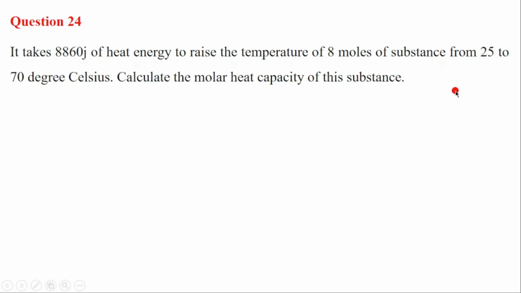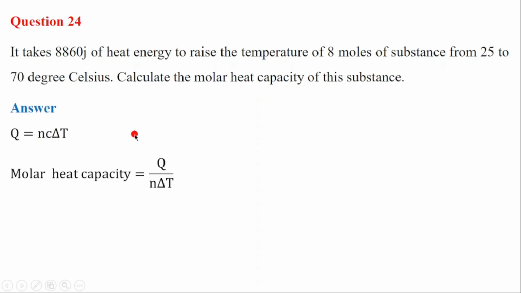Here also we will use the formula where we have the Q, which is the heat, is equal to number of mole times the molar heat capacity times the change in temperature. Then this molar heat capacity will be equal to Q dividing with N times the change in temperature. We can replace the values.